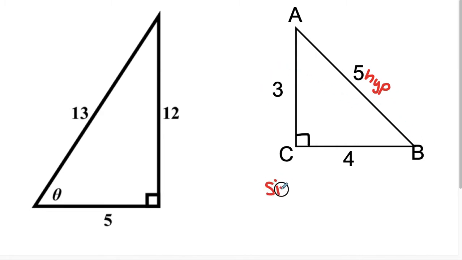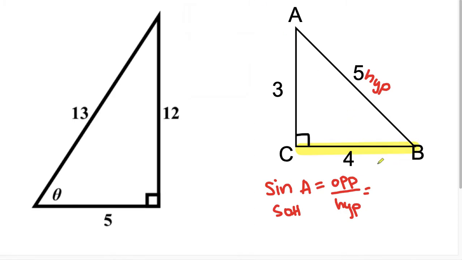Let's say we wanted to calculate the sine of angle A. Sine is SOH, which is the opposite side over the hypotenuse. The side right across from angle A is its opposite side, so I'm going to highlight that one yellow.